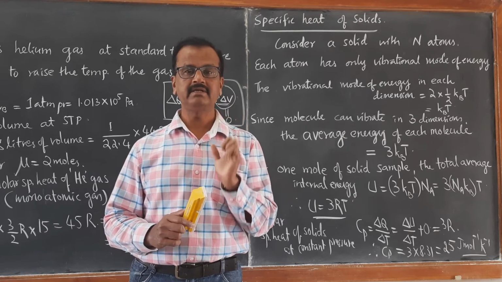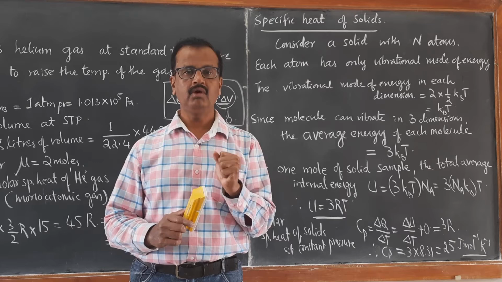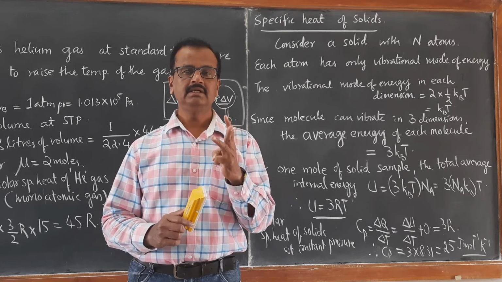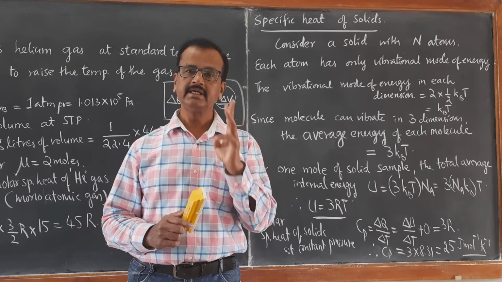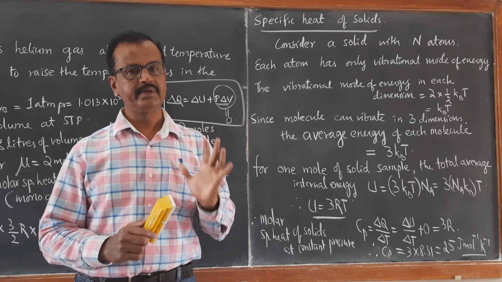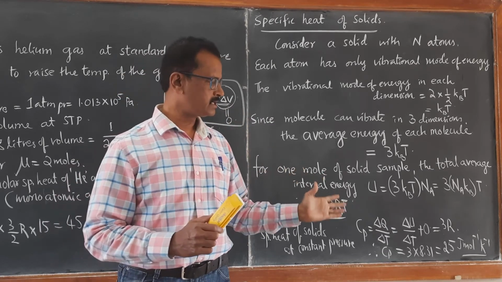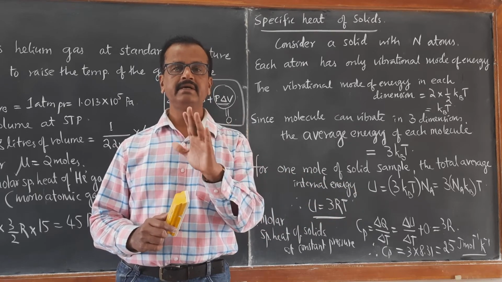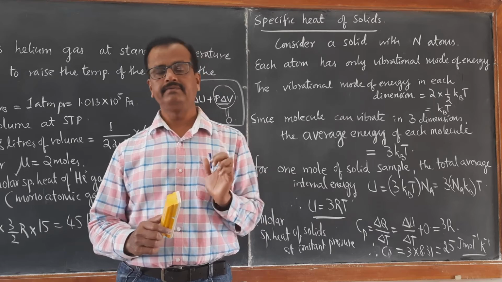So we can calculate the specific heat of water in the gaseous state and also in the liquid state. And when we calculate, again we will have a certain value which is in good agreement with the experimentally obtained value.